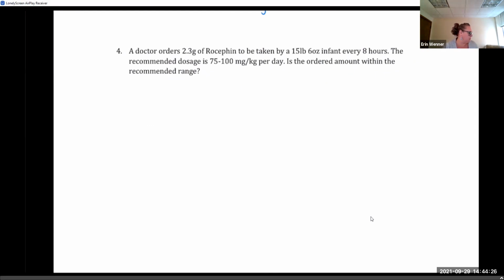So before we start this problem, I want you to think about the things that don't match in it, meaning what do we need to convert here, right? What's stuff that clearly we've got to go from one thing to another? So maybe on the side of your paper, list off what you think we might need to convert. Just having everybody think about it for a hot minute before we jump in.